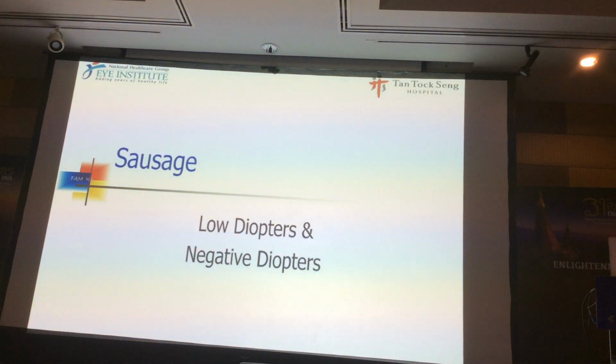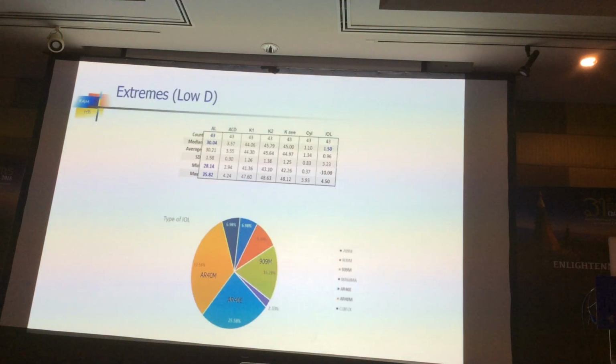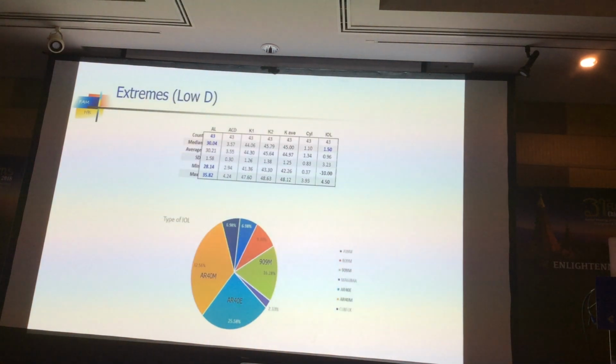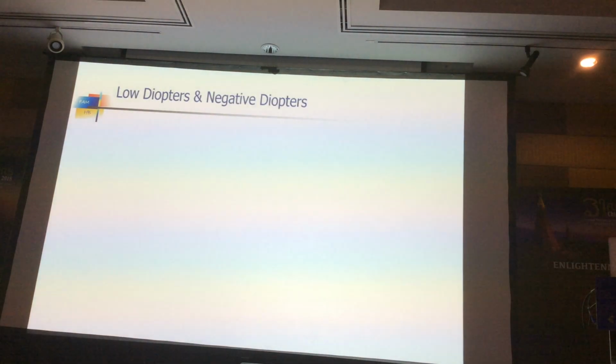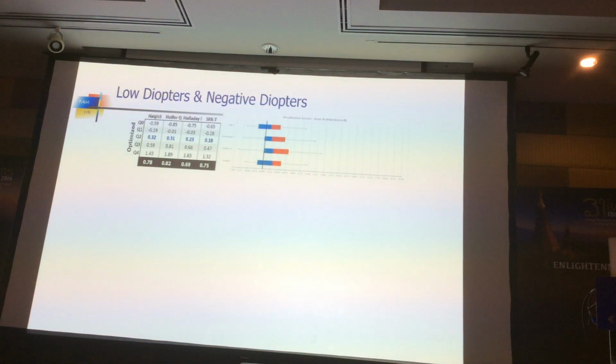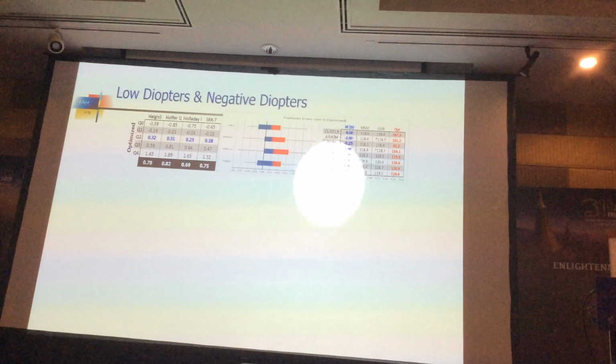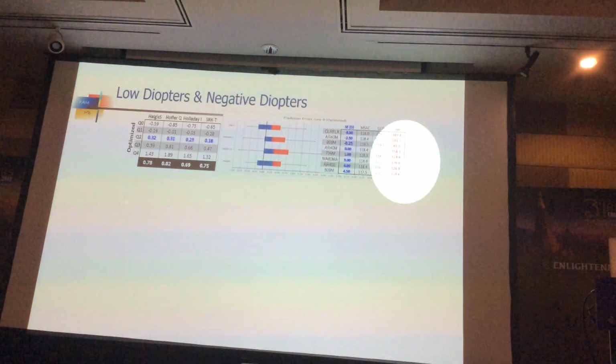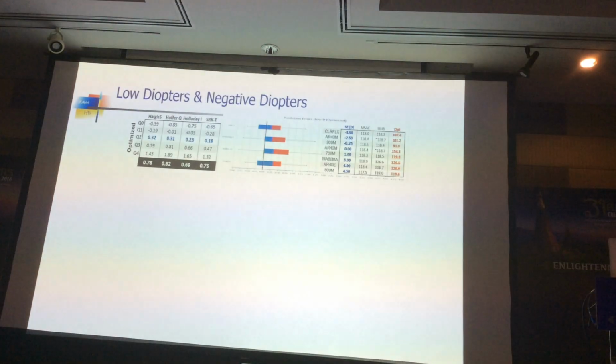What about for super long eyes, the low diopters and the negative territory? This is quite a good sample of eyes, 43. Now, in the old days, you can re-optimize it, and you can still get very good outcomes. But once you re-optimize it, if you look at the constant, it is in twilight zone territory, way off the normal.